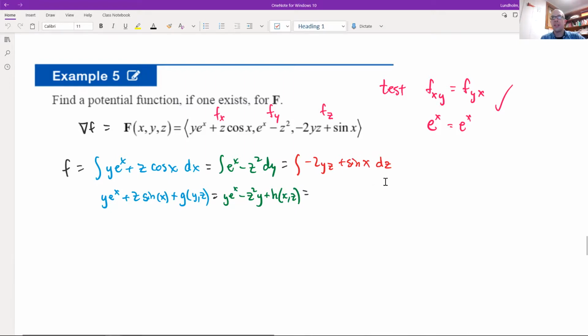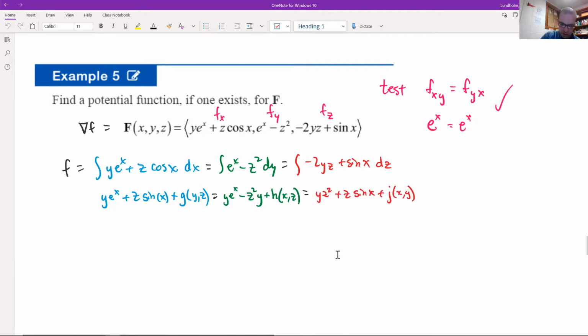We're taking the antiderivative with respect to z now. We would get yz squared for that first term. And then sine of x becomes z times the sine of x. And possibly there could be some function, let's use j, of x and y that could be there.